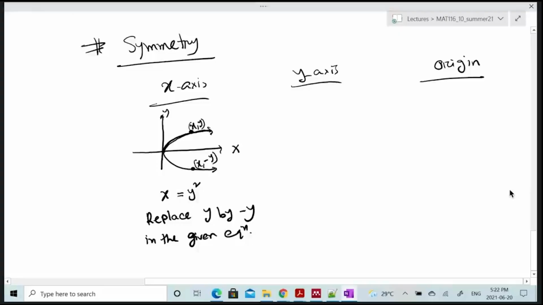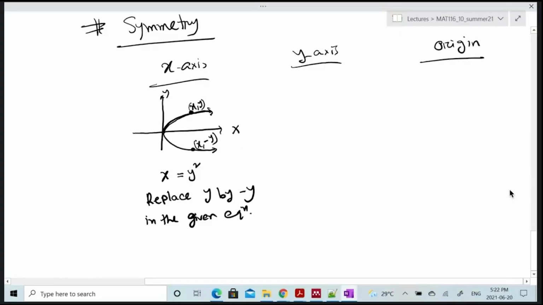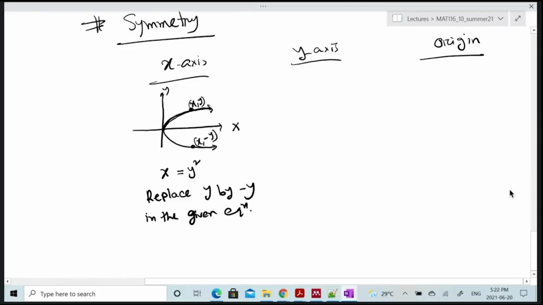After we do so, if we get our original equation back, we can say the given equation is symmetric about the x-axis.